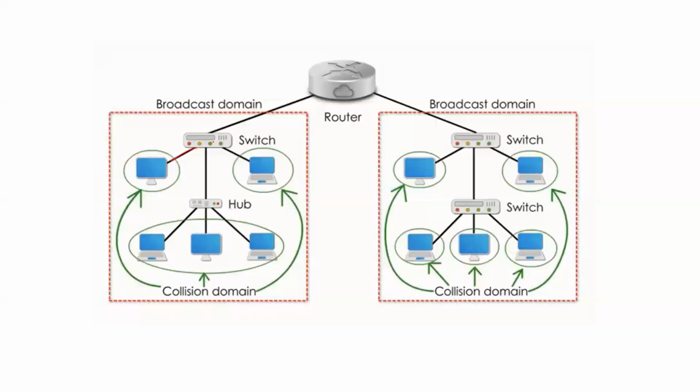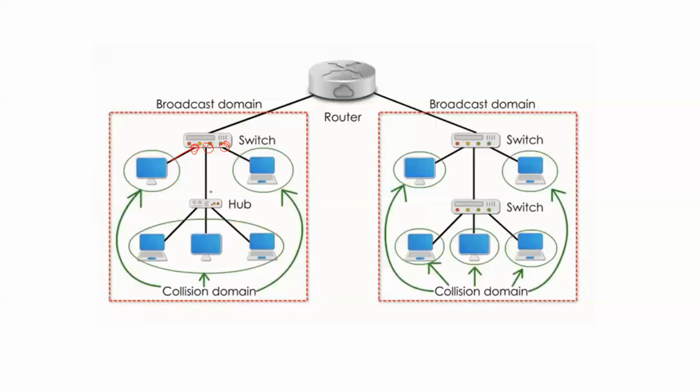Suppose this is the switch. For a switch, each port connected to the switch is called one collision domain. Suppose we have one device connected here, another here, and another here, but all these devices are connected to this hub.